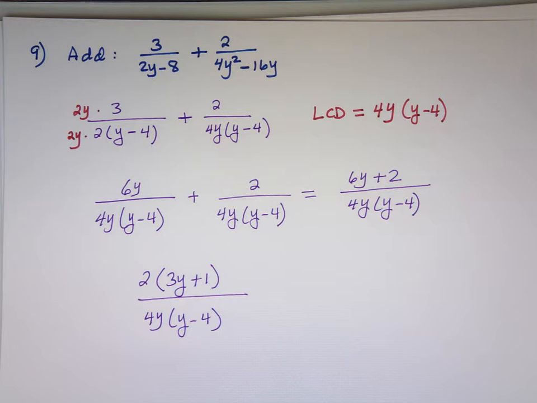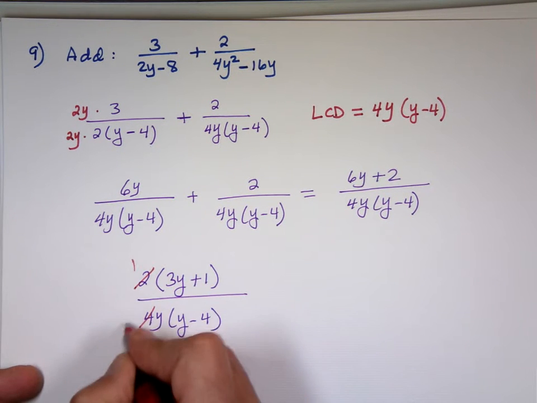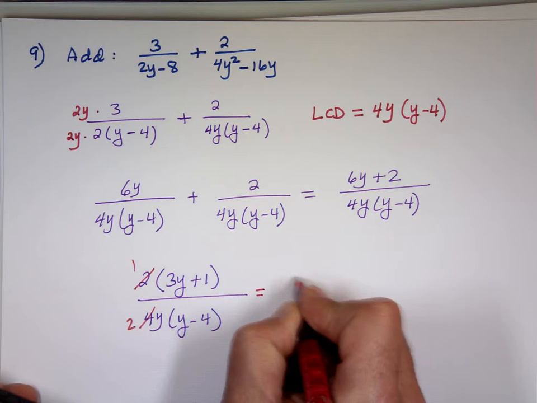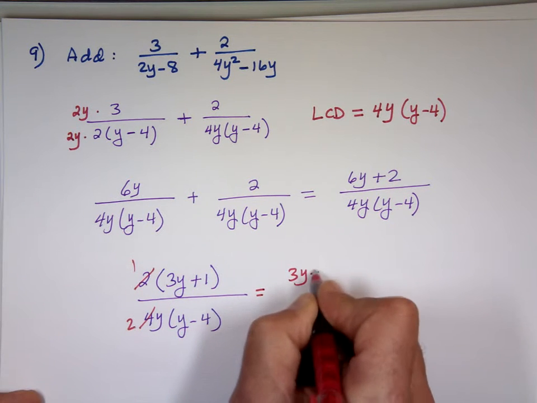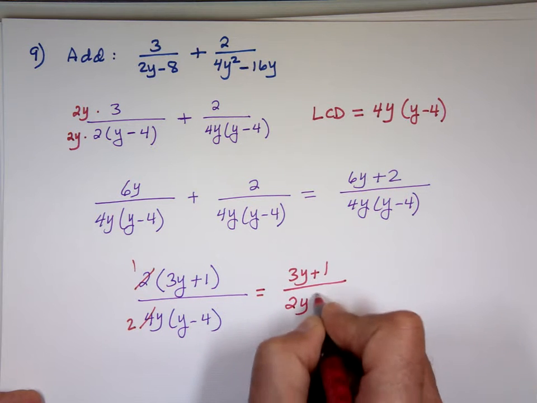Now the 2's will cancel. By 2 this is 1, by 2 this is 2. So my answer is 3y plus 1 over 2y times y minus 4.